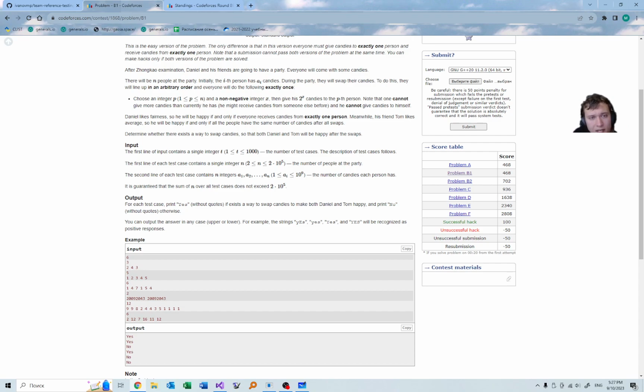After all swaps, everyone should have the same number of candies. What about problem B2? What happens there?